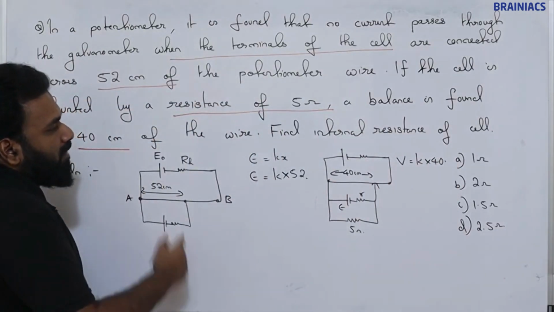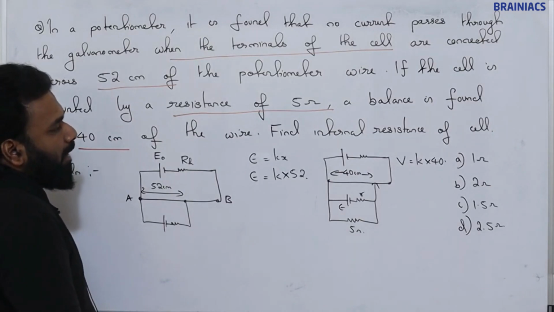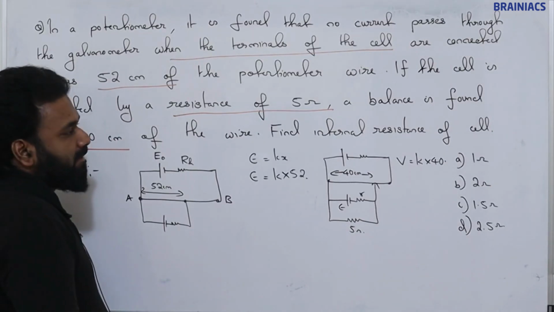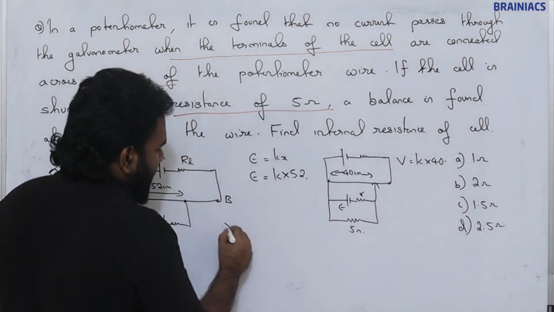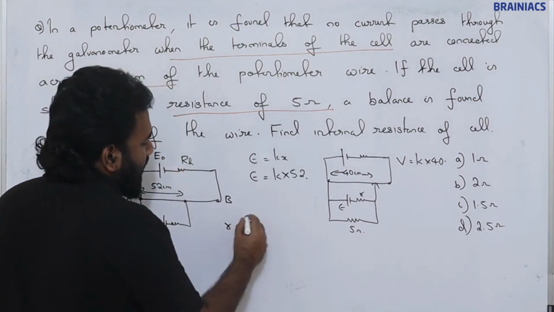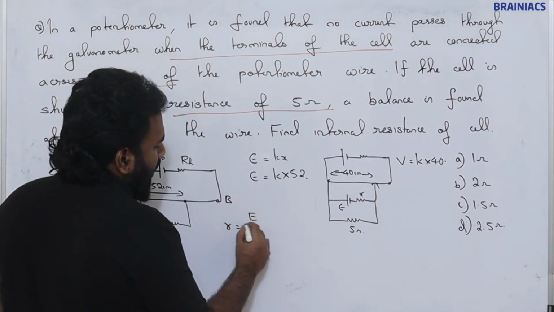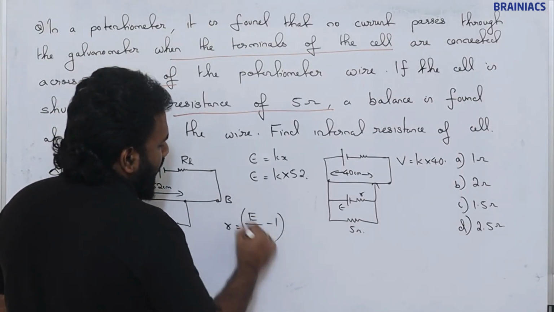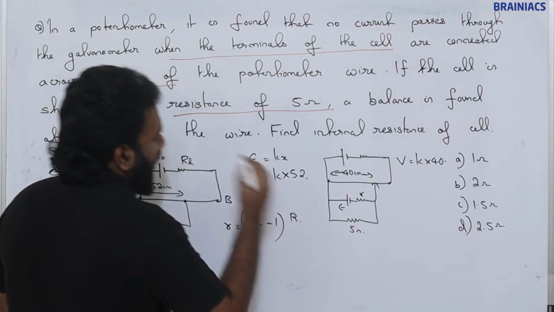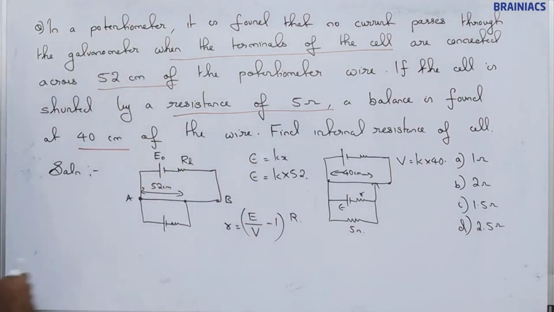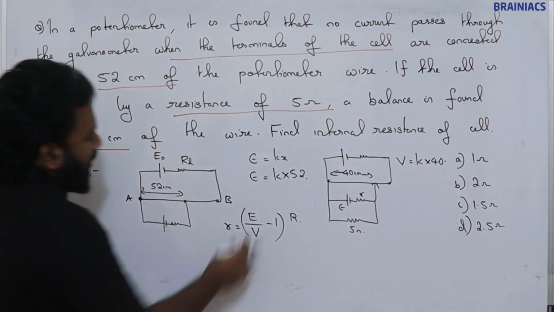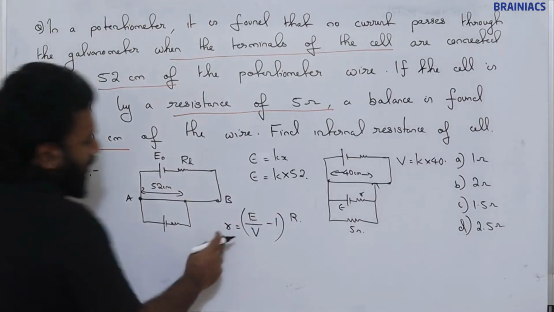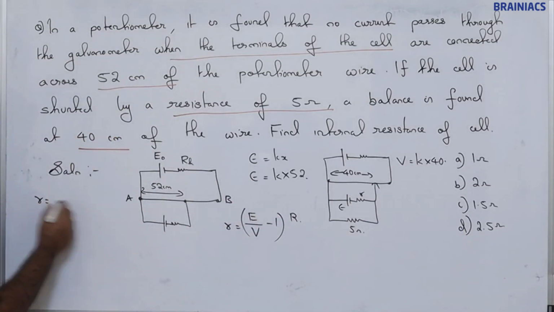Now we need to find the internal resistance. So what is internal resistance? r is equal to E divided by V minus 1, into capital R. Now we will substitute these values here. So r is equal to, what is E?